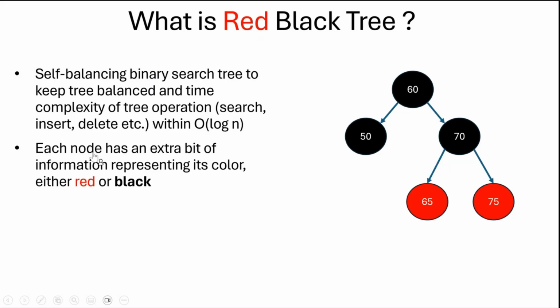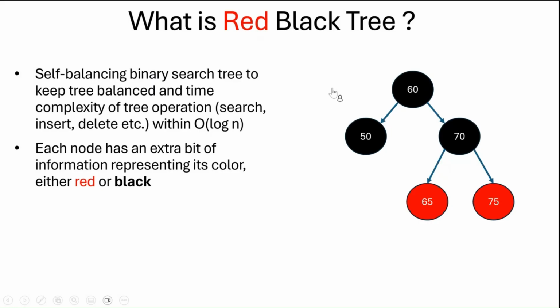Now each node in a red-black tree has an extra bit of information representing its color, either red or black. In a normal binary search tree, we know that a node contains data and left and right pointers to point to the left and right children.